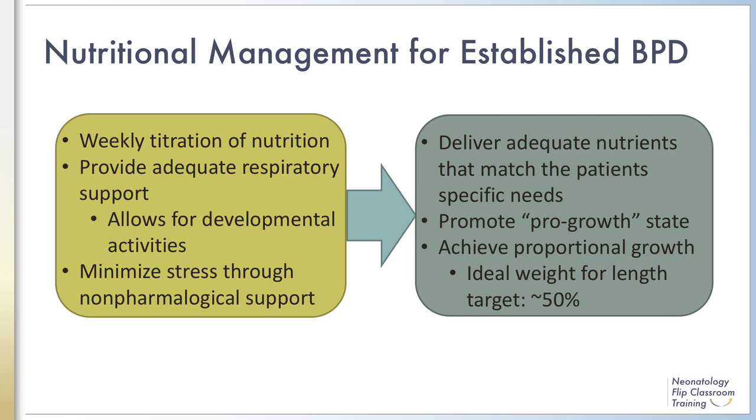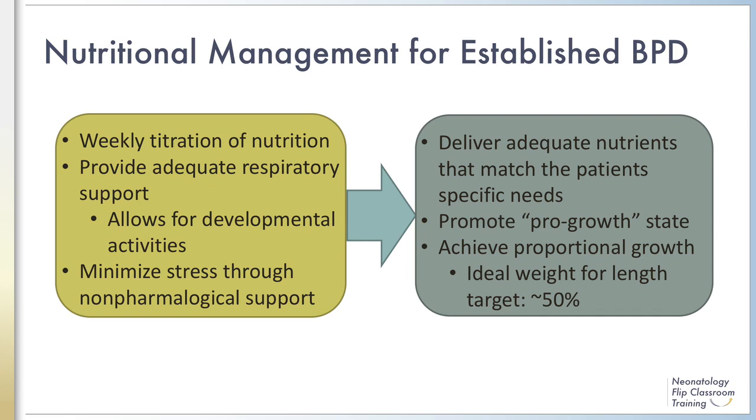We therefore emphasize proportional growth with a target weight for length ratio of 50%. These nutritional goals can be achieved through weekly titration of nutrition with the help of dietitians who are familiar with this population, and minimizing stress through non-pharmacological support instead of just pushing up calories.